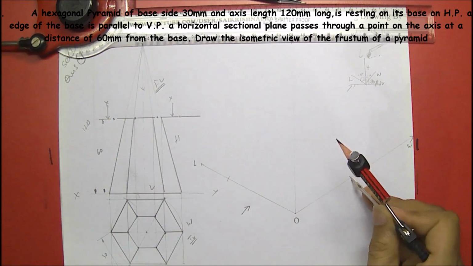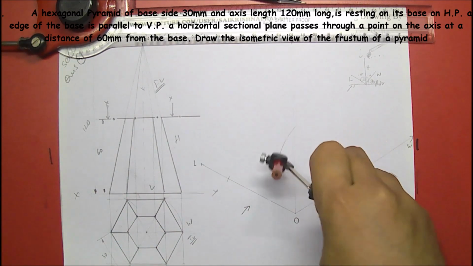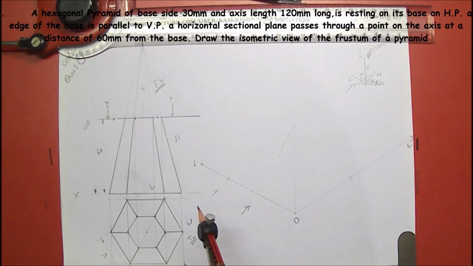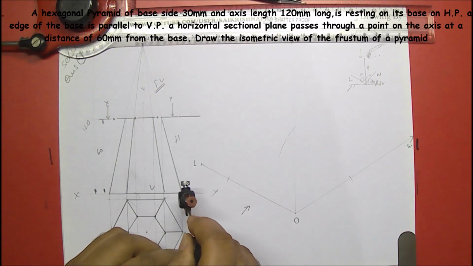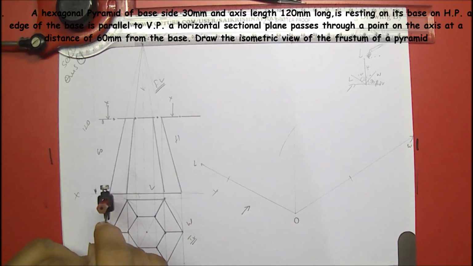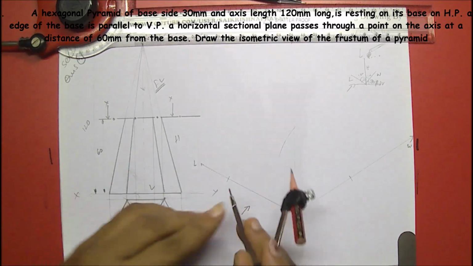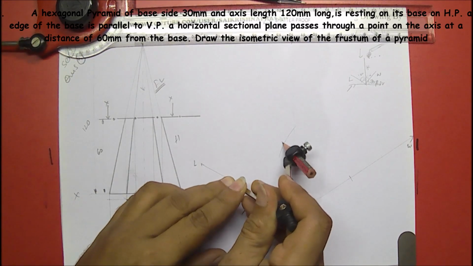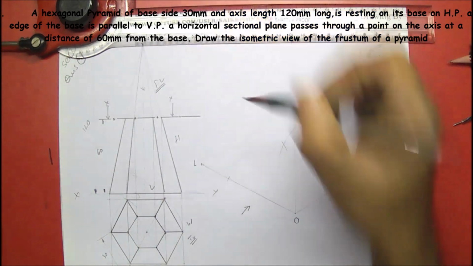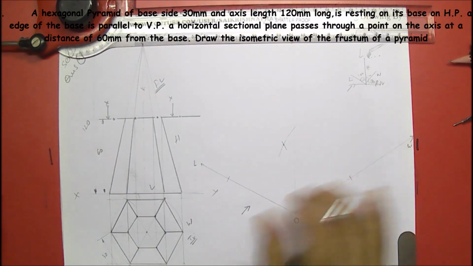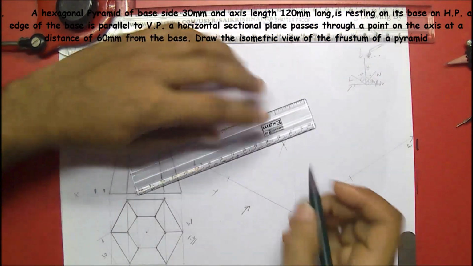This is same. Now I am measuring this, keeping here, drawing this. So this is a box. Let's draw it very light.